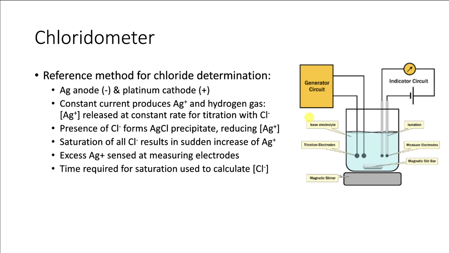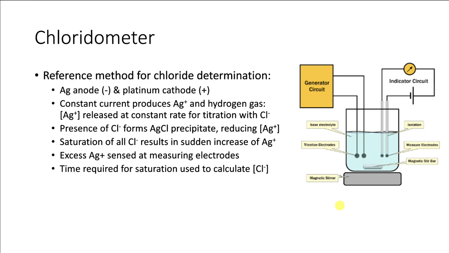We're going to use a silver anode versus a platinum cathode. The constant current will produce silver ions and hydrogen gas. Silver ions will be released at a constant rate, so that we can titrate with chloride. When chloride is present, it'll react with that silver ion, and that will cause silver chloride to precipitate out, which will reduce the free silver ion.